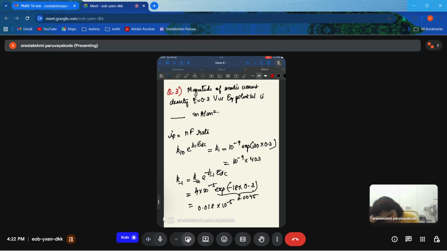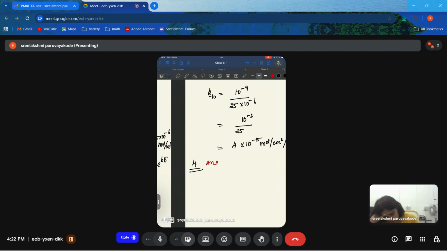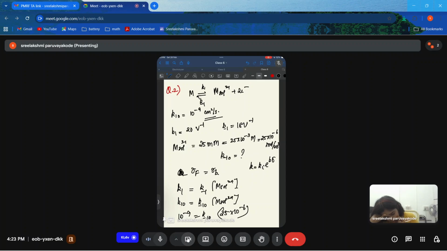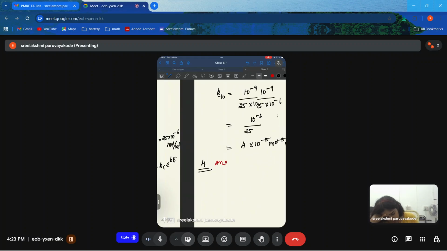Now, you know the rate expression becomes K1 minus K minus 1 into M solution 2 plus. So that is 403 into 10 to the power minus 9 minus, if I write this, 18 into 10 to the power minus 8, into what is 25 into 10 to the power minus 6.